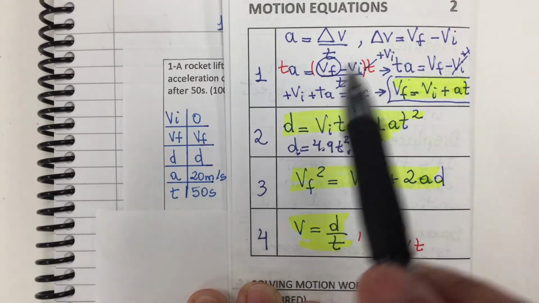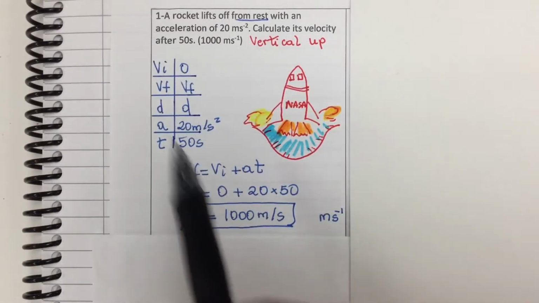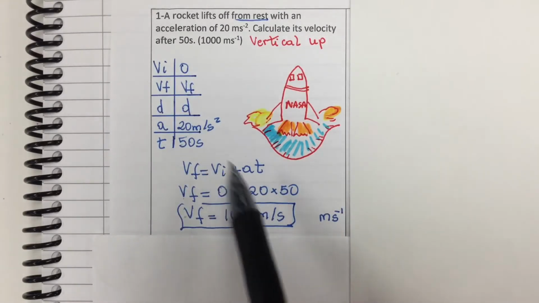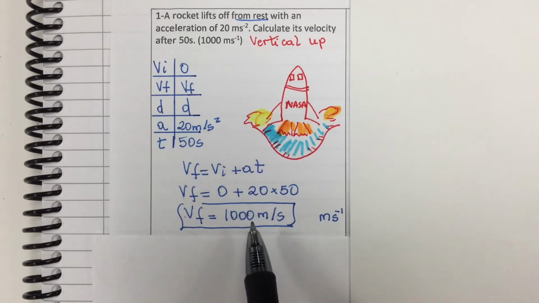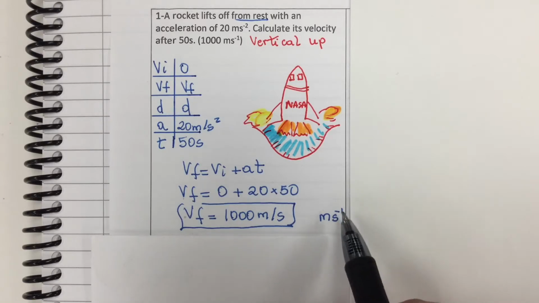So by elimination, I'm going to use equation number 1. So in the substitution, VI is 0, A is 20, and time is 50, and that's the final answer. The final velocity is 1,000 meters per second, or in Cambridge units, m s^-1.